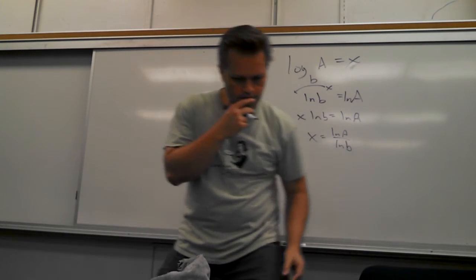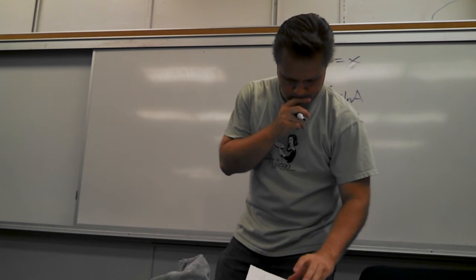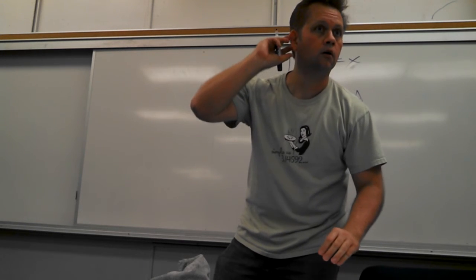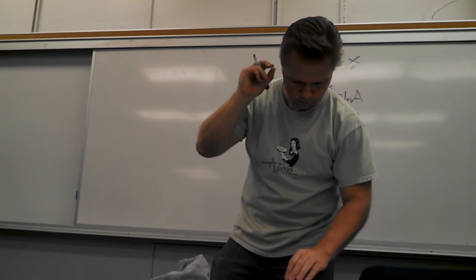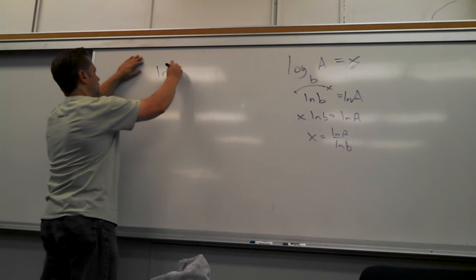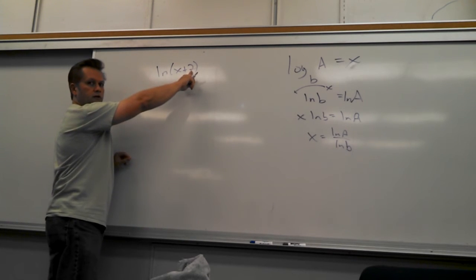Yes? In 14.5, what if it asks you to graph a function of ln, like, for example, number 63 in the homework? The most important thing about this is the shift, really.